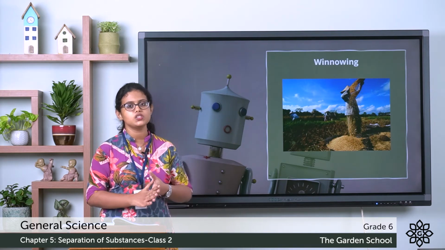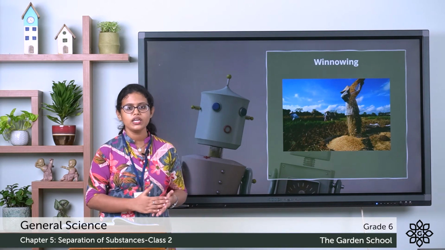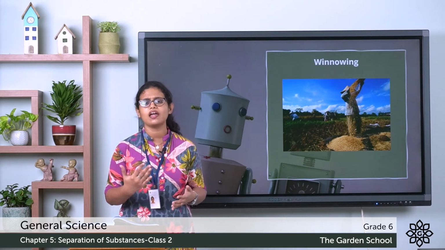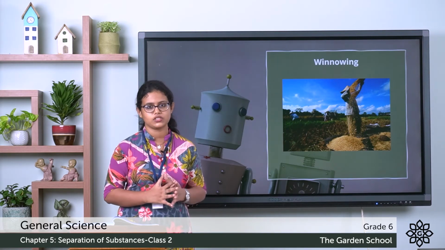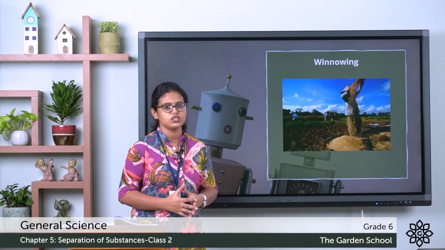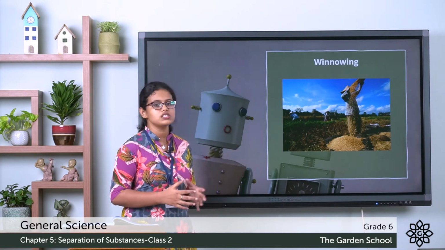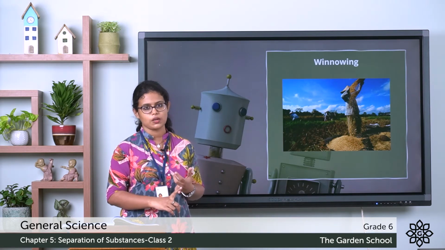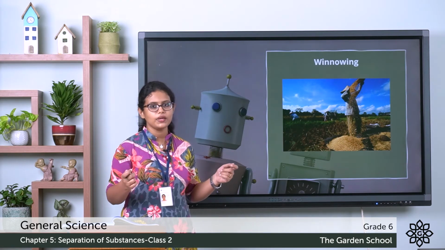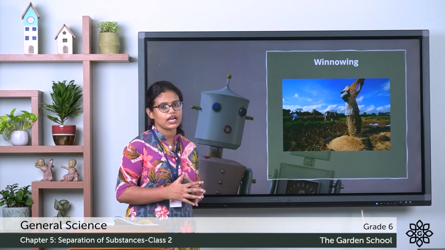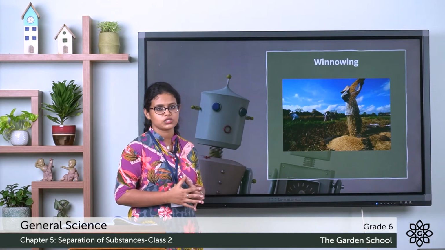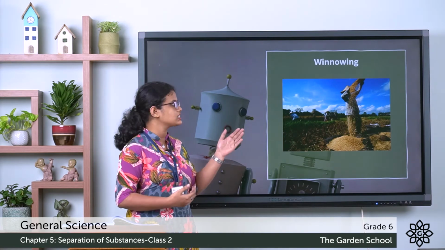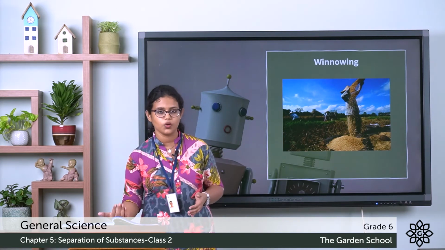Let me explain to you once again. Winnowing is the process of separating lighter and heavier components of a mixture. Here in this picture you can see this person is dropping a mixture of lighter and heavier substances from a certain height. The wind carries the lighter substances away.